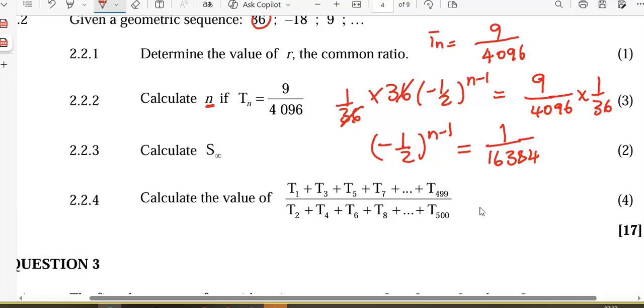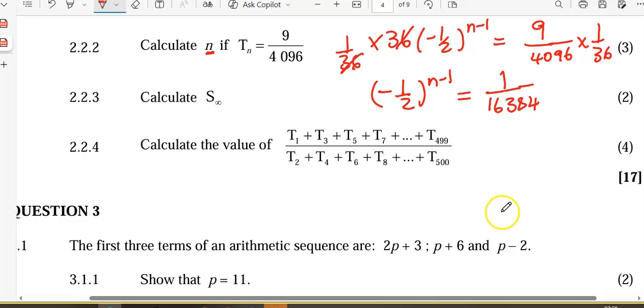Tell me when you are done. I'm done. Then press shift, say fact. Do you know where to find fact, right? Yes. Nice. Tell me what you get. 2 to the power of 14.